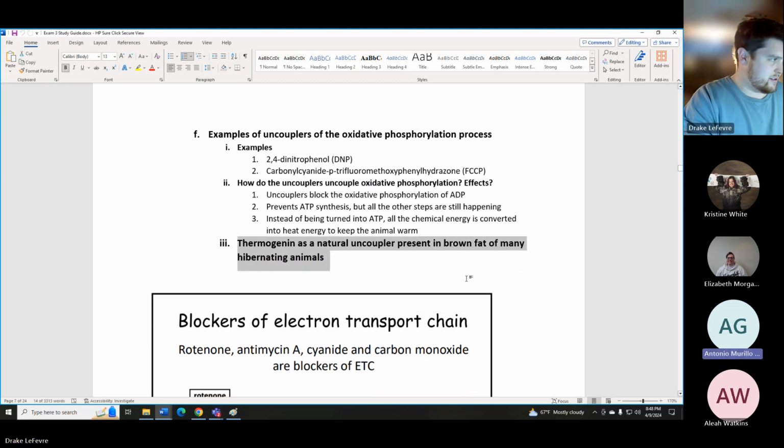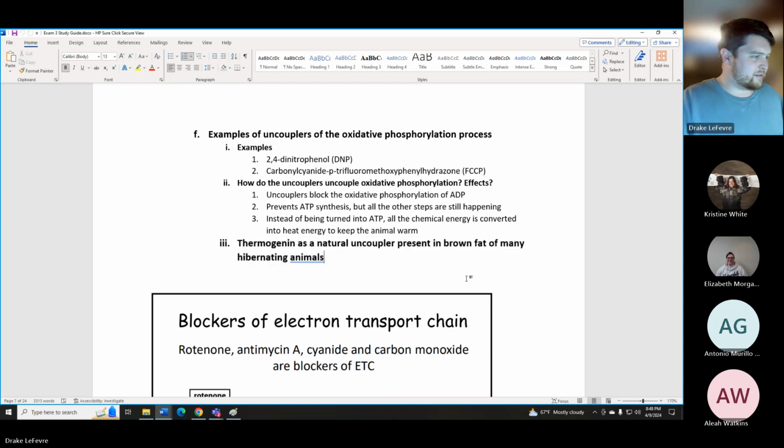Thermogenin. What do we remember about thermogenin? Hibernating brown bears. This is what they burn during their hibernation. Thermogenin is a natural uncoupler, right?